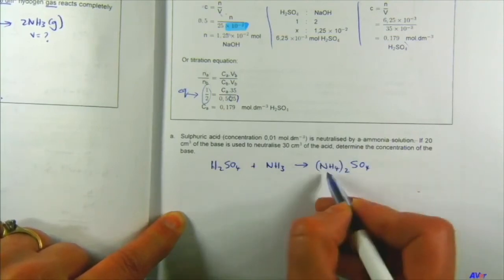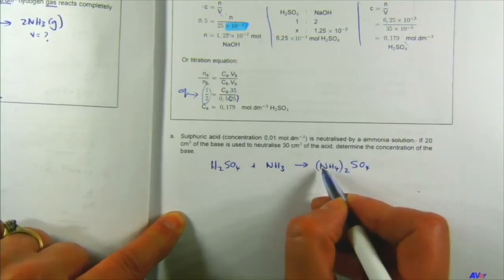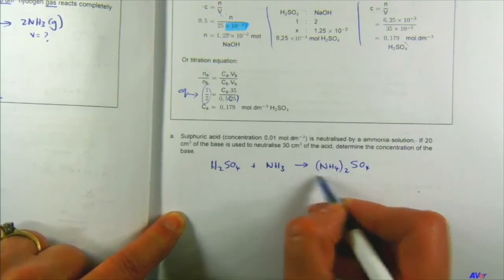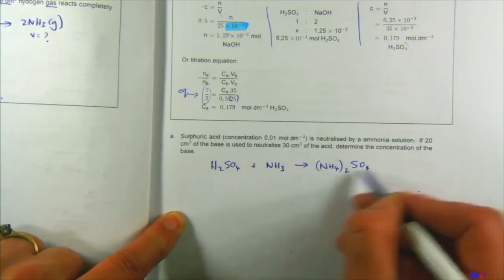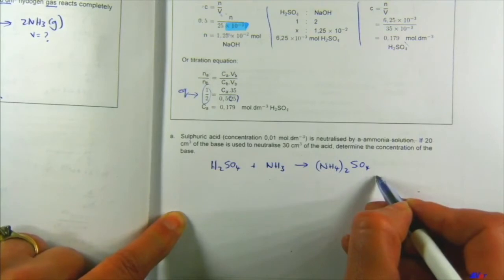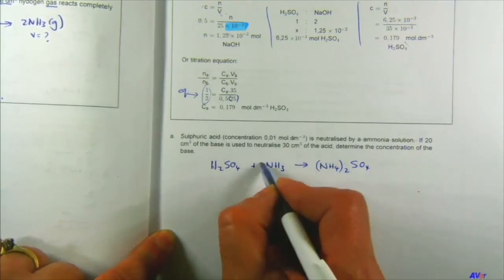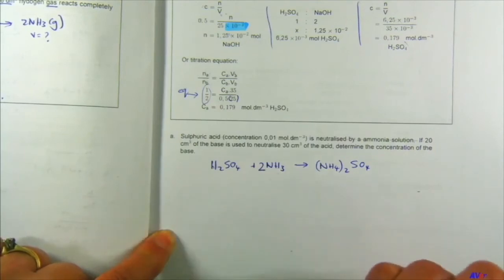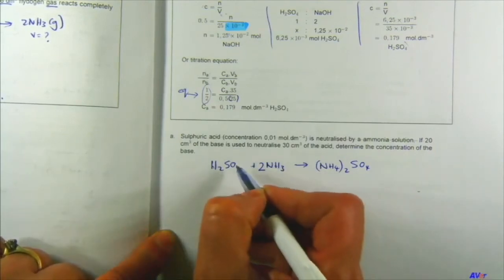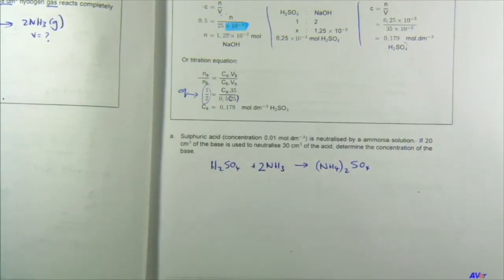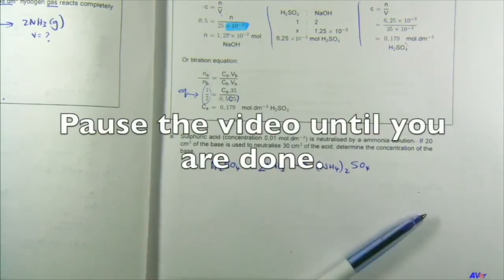So you need 2 of the ammoniums, because that's only +1, right? So 2 of the +1s to cancel out 2 minuses. And if you can't do that, then you can't balance the equation. And if you can't balance the equation, then you can't do the calculation, right? Then go on and do the titration calculation.